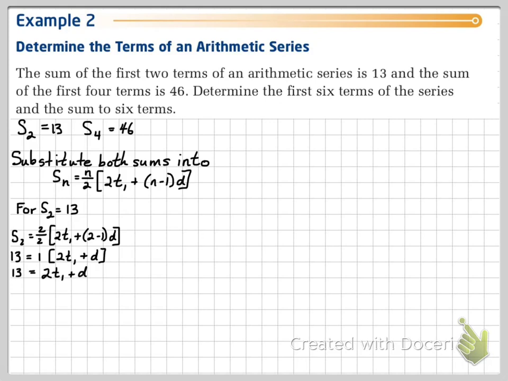Now we don't know d, so we've got to keep working. 13 is 2 times the first term plus d. That's as far as we can go, so we now have to start with the sum of the first 4.